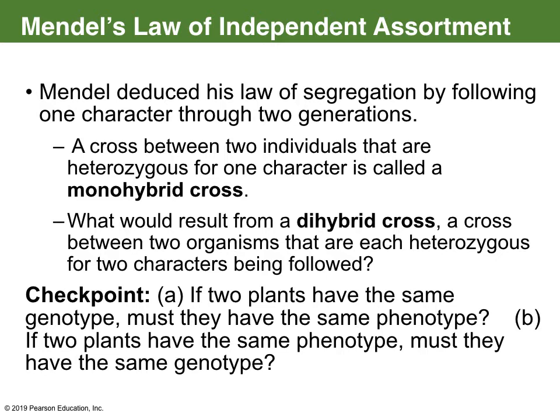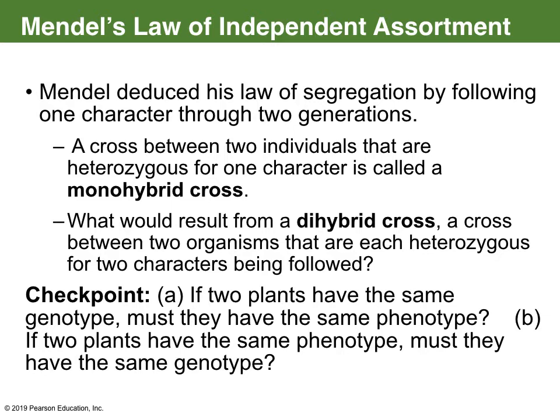If you cross two individuals with that makeup, heterozygous for that one character, we call it a monohybrid cross. Now, the question would be, if that's what we see in a monohybrid cross in the Punnett squares we've looked at so far, what would you get from a dihybrid cross? A cross between two organisms that are each heterozygous for two characters being followed.